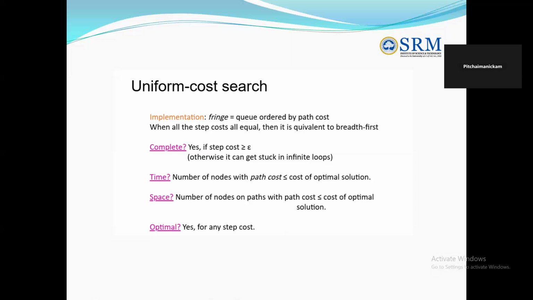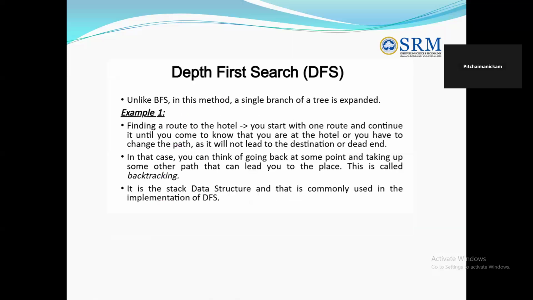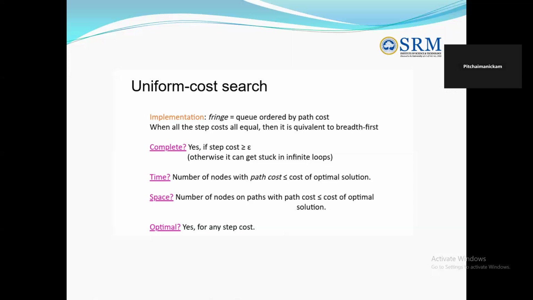Optimal means yes, for any step cost we obtain the optimal solution. So before you write about uniform cost search, you just focus on these aspects. First, why we go for uniform cost search and how it differs from BFS and DFS, and what the main objective of uniform cost search is. Next, how we find the uniform cost search from the given example.